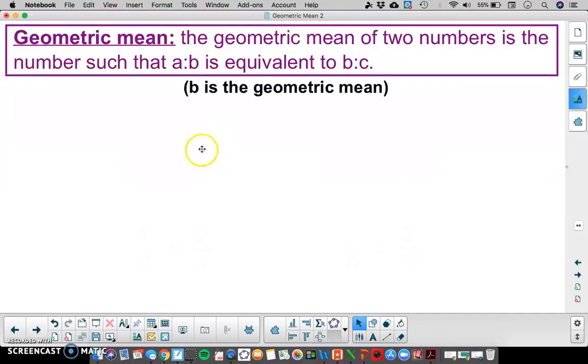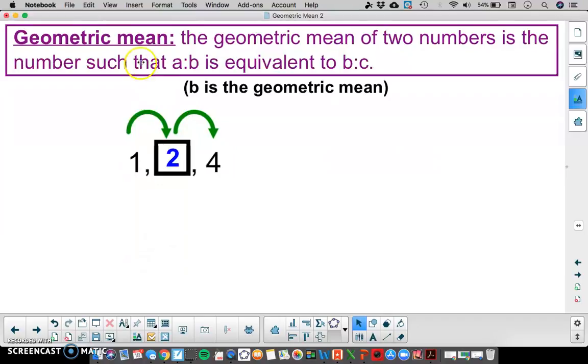So if I am given 1 and 4, I want to find the number that I could multiply by 1 to get to this number, and it's the same as multiplying this number by that ratio to get to 4. Well, the geometric mean of 1 and 4 is 2, because I can multiply 1 times 2 to get to 2, but then I can take this 2 and multiply it by 2 to get to 4.